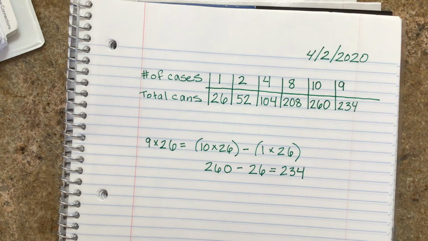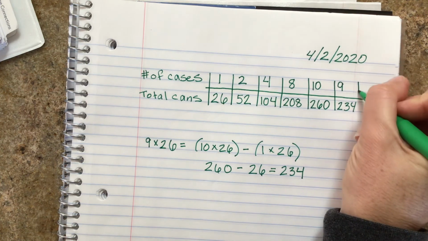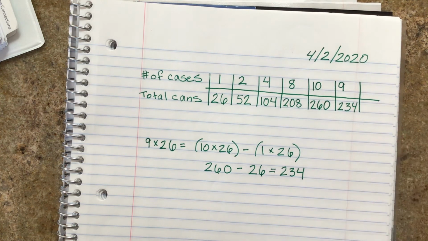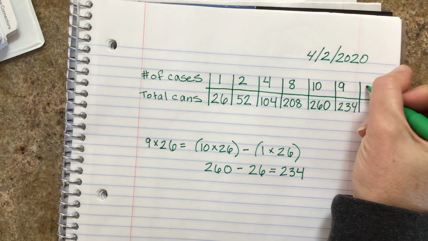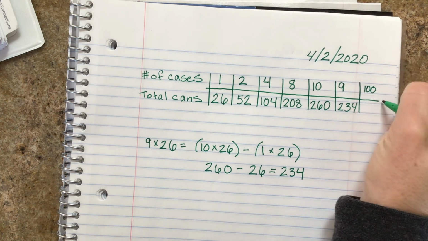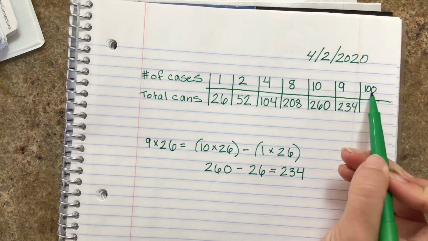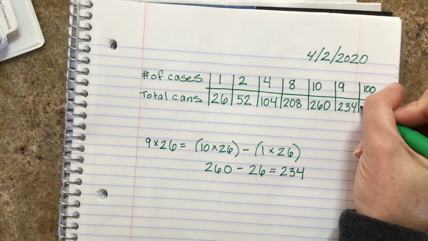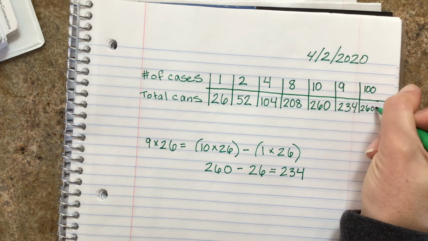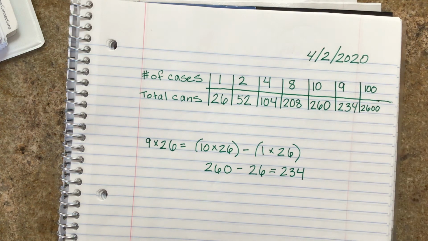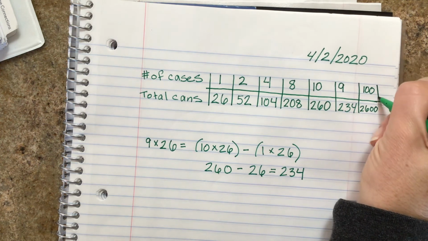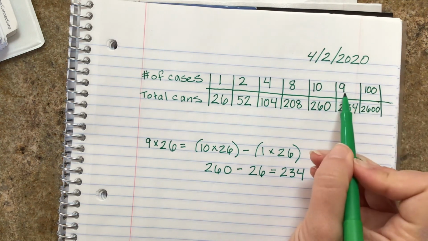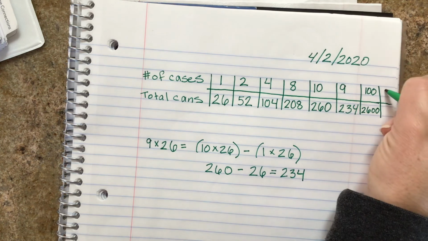And we could do the same thing if we did 100 times 26. So whenever you're multiplying 100 by something, you take that number and you attach the 2 zeros: 2,600. And we can do the same thing we did with the 9 with 99.